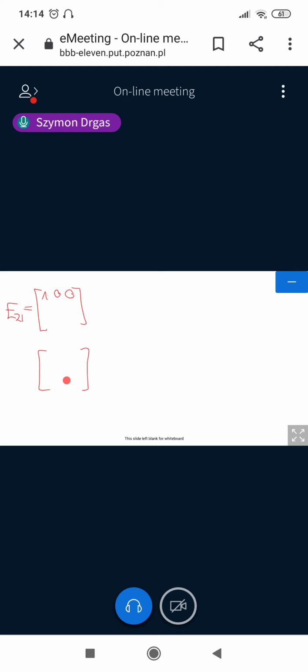Because if we multiply 1, 0, 0 by the matrix, it means that in the first row of the resulting matrix will be 1 times the first row plus 0 times the second row plus 0 times the third row. So finally it will be 1, 2, 3. Then we have to subtract the first row multiplied by 5.